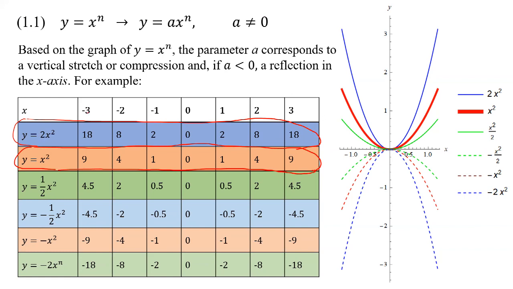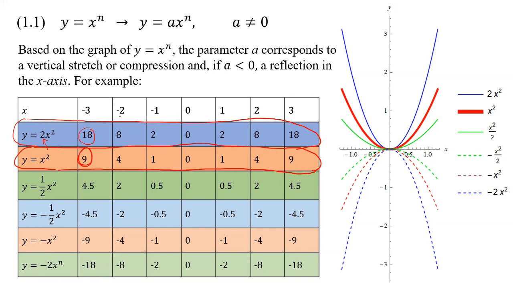For the same x in the original function, for this new function here, the value of the function is enlarged by this factor, right? As you can see here, when x is minus 3, the value of the new function is just twice the original value, so we get 18 here.